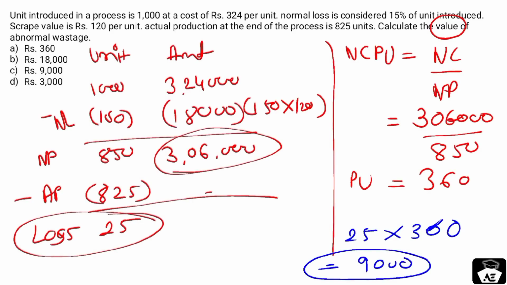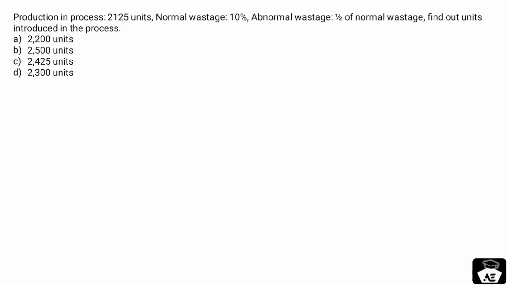Moving to next question. Production in process 2,125 units, normal wastage 10%, abnormal wastage 1/2 of normal wastage. Find out the units introduced in the process. So let us start again.